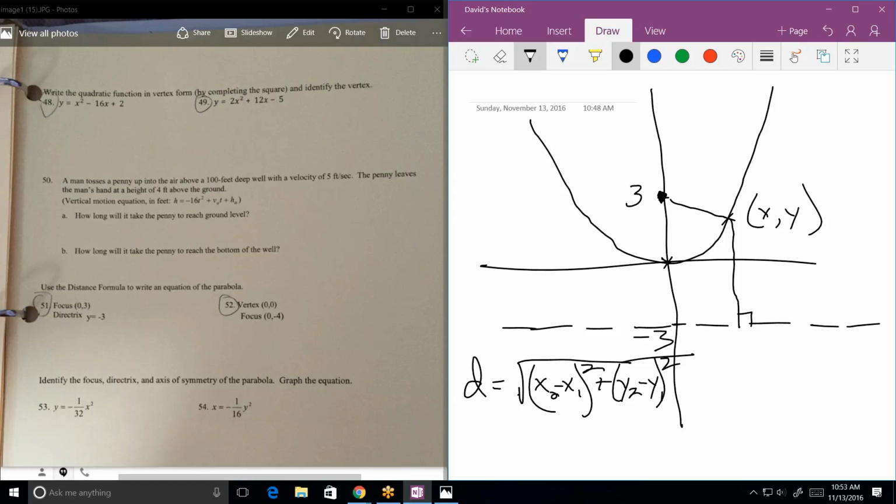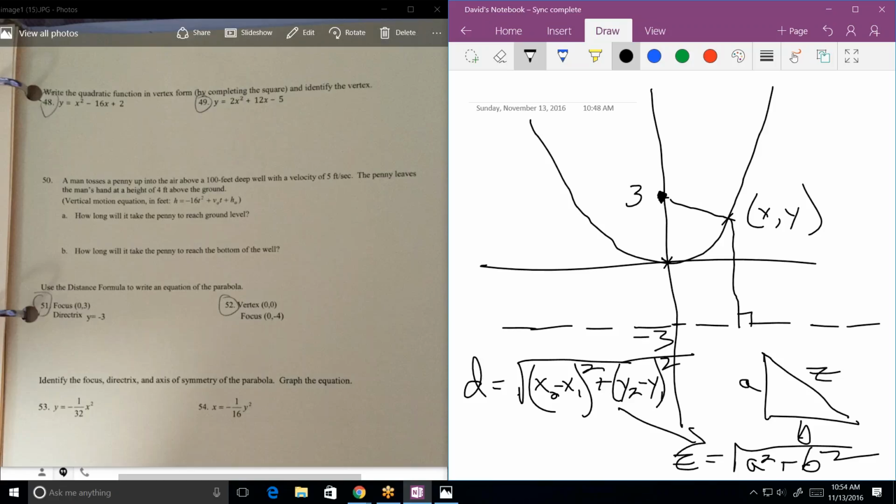Now, if this looks familiar, that's the hypotenuse of a right triangle. If I have a right triangle and I want to solve for z, and this is a and this is b, well, z is the square root of a squared plus b squared. And notice that b is the difference in the x-coordinates, a is the difference in the y-coordinates, and so these two things are basically the same.